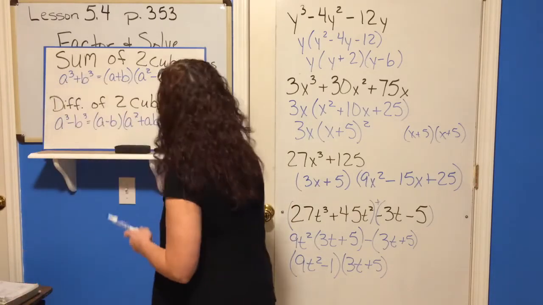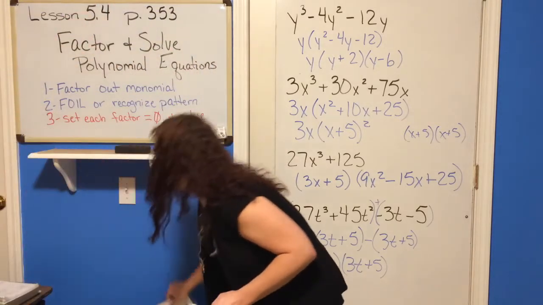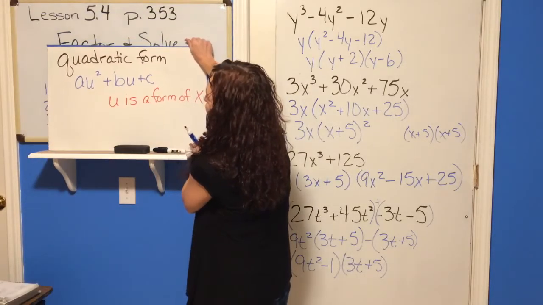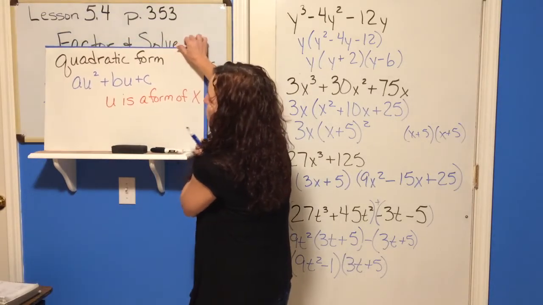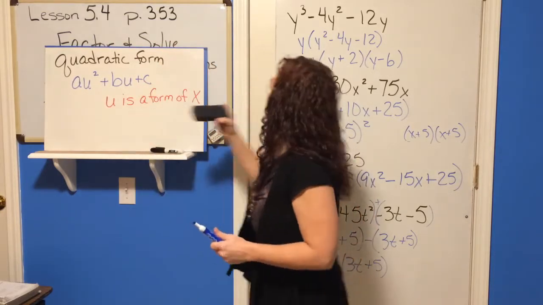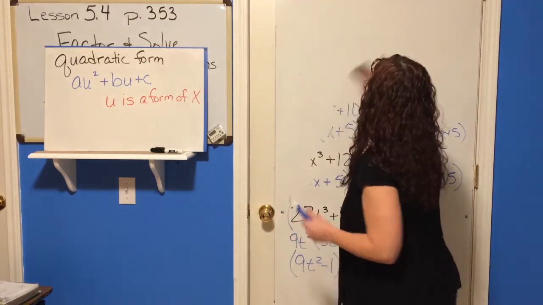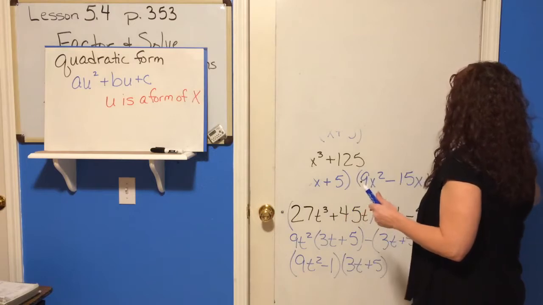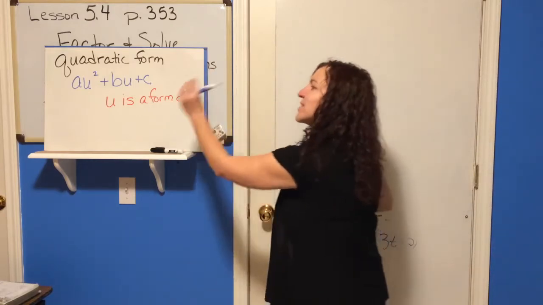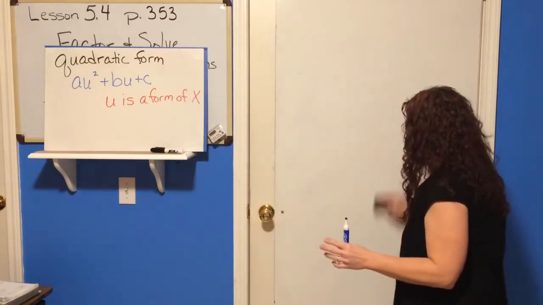That was grouping. Oh. So sometimes it's helpful to, in your mind, use the quadratic form. And we remember the quadratic form was ax squared plus bx plus c. Sometimes you've got larger exponents than that, but if you can kind of in your mind break it down into a form of x, so that you've got something squared and something and then a constant, then you can break it down further.